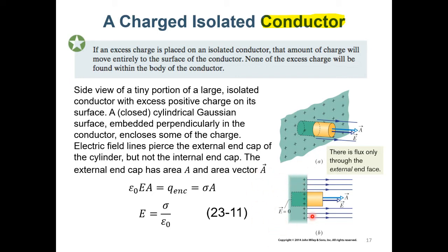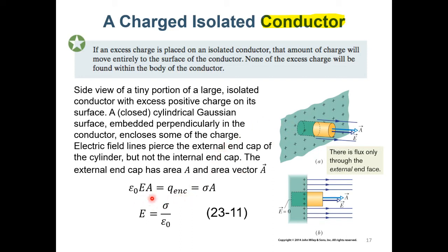The charge will go to the surface of the solid, or if there is a cavity inside, to the surface of the cavity. So actually the charge will only distribute on the surface or the surface of the cavity. So for this case, we apply Gauss's law here.